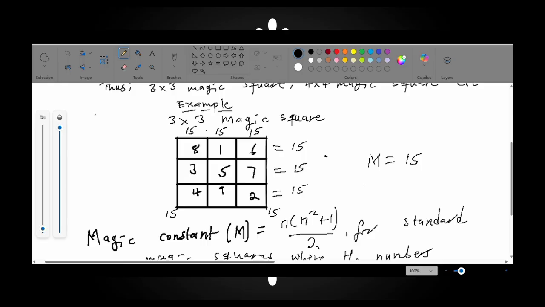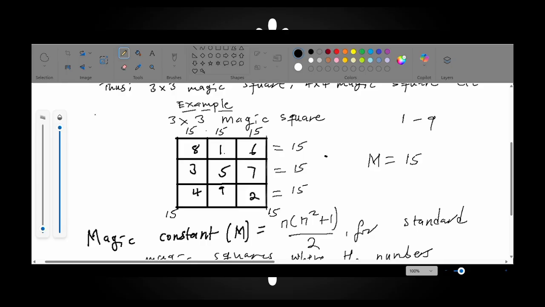Okay, but I want you to look at something. If we're talking of the standardized magic square, of which our first figure starts from 1, then you're going to have 1 to 9 figures that you'll be filling the magic square with, because if you're having a 3 by 3 magic square, 3 times 3 will give us what? 9.